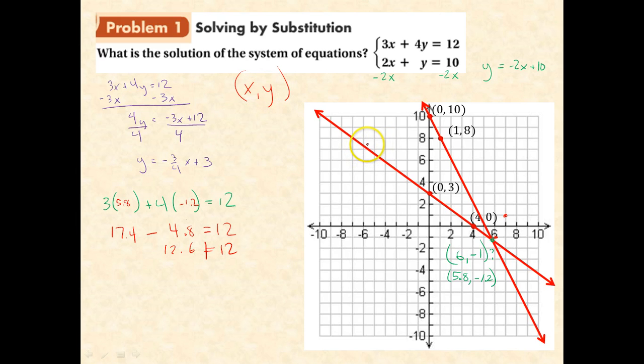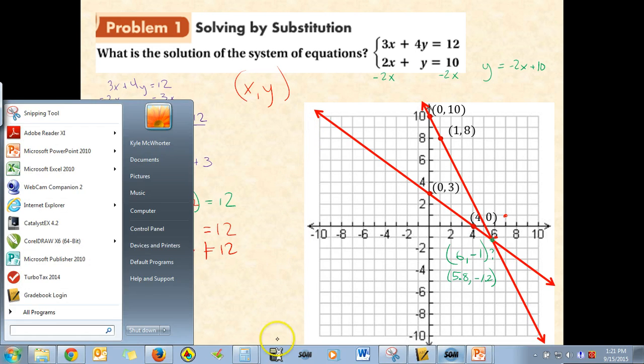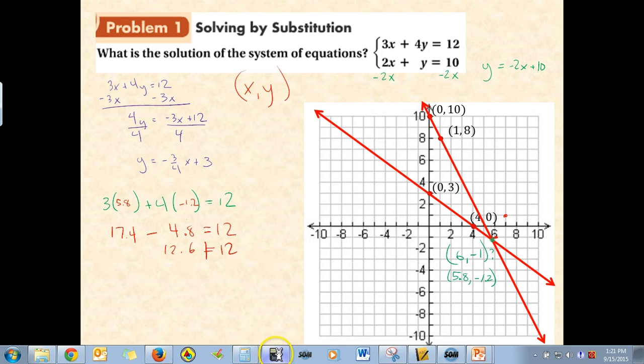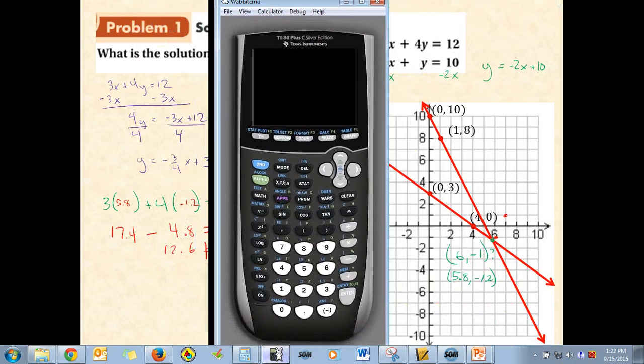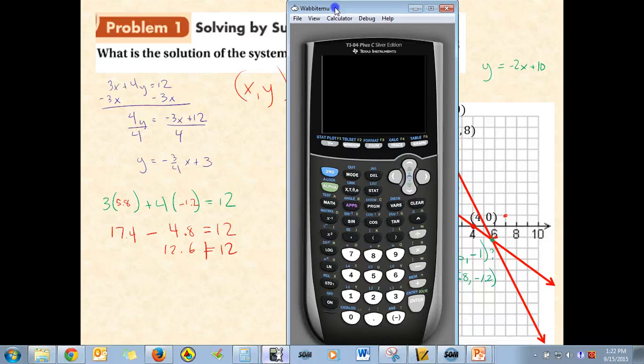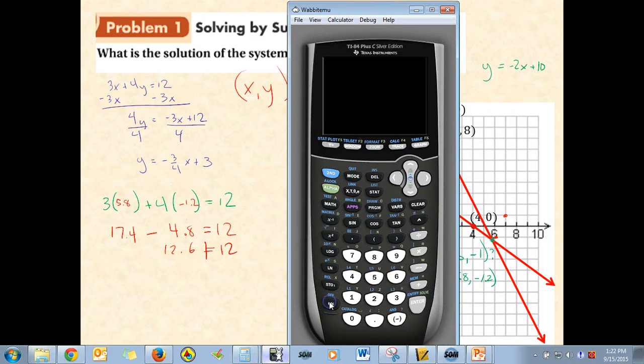But let's take a look at the tables on the calculator. We did tables on the calculator before. So let's see. Let's do some tables on the calculator. If I put it right here, I can still see both my equations.